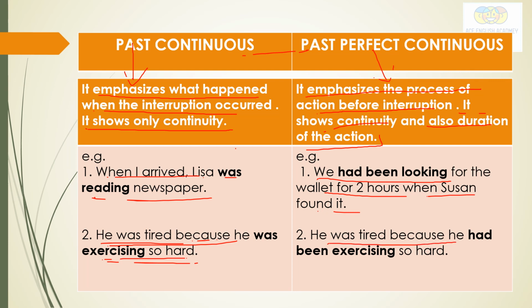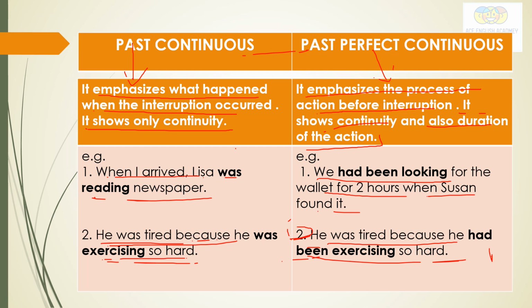He was tired because he had been exercising so hard. So what we see in this sentence? The sentence emphasizes that he was tired because he had been exercising over a period of time.